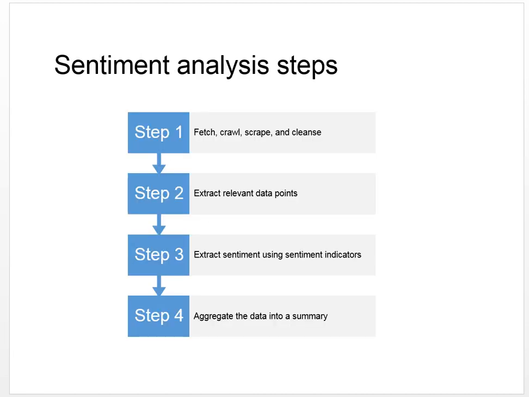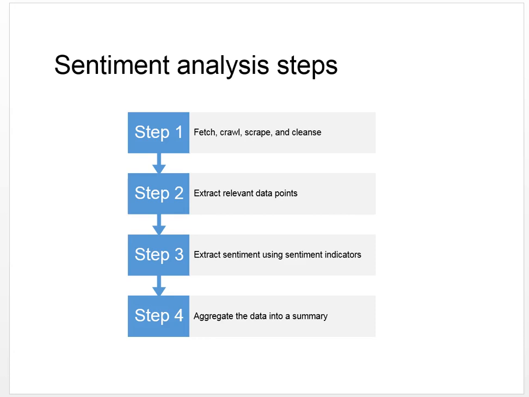Sentiment analysis. So you essentially fetch, crawl, scrape, cleanse, right? So you go out and collect a whole bunch of natural language data, say review comments. You go through them all to make sure that all the review comments directly relate to your brand, because you don't want to be coding sentiment that's not related to your brand. And then you cleanse it. So essentially you remove all non-essential comments and identify the ones that you need.